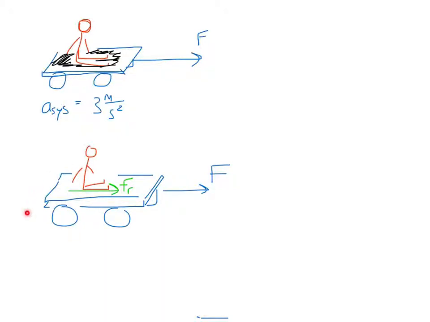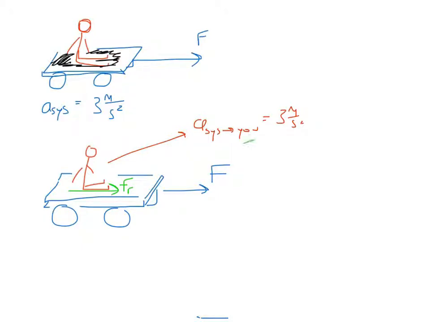So, in this case, the reason you have a net acceleration, or you may say the acceleration of the system of you, of 3 meters per second squared, is because you have a net force acting on you to move you forward.